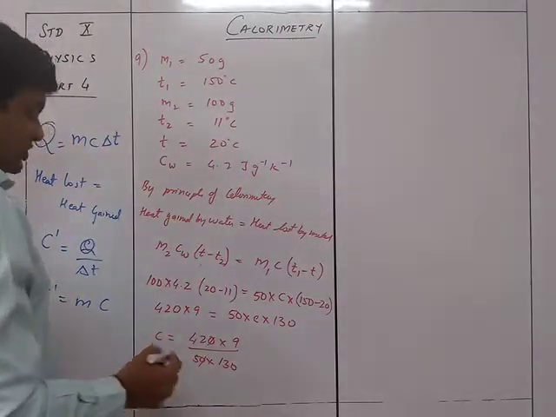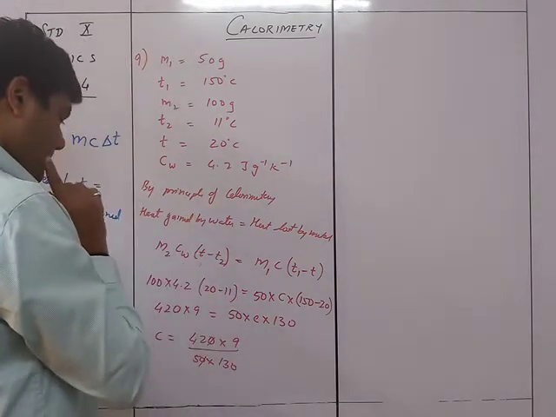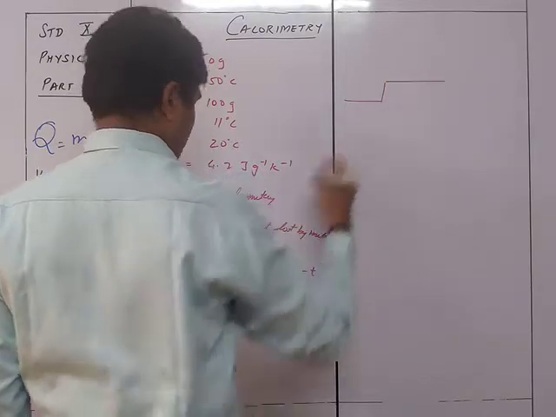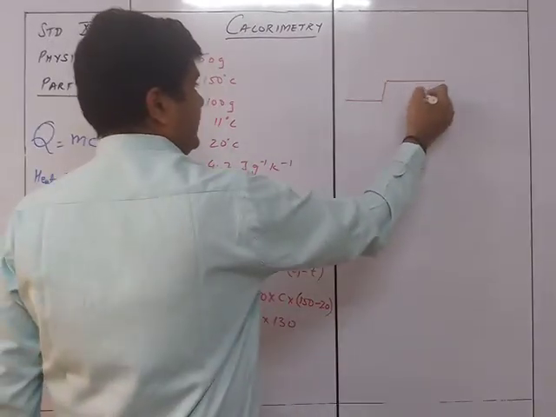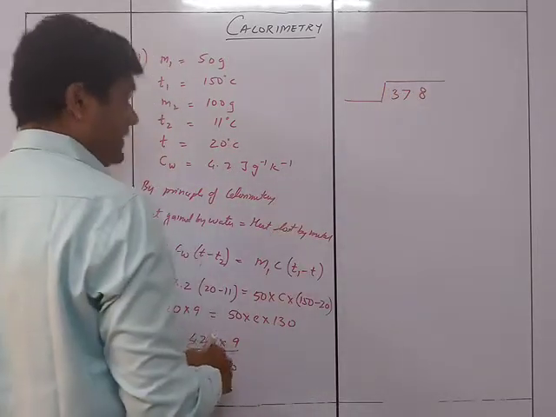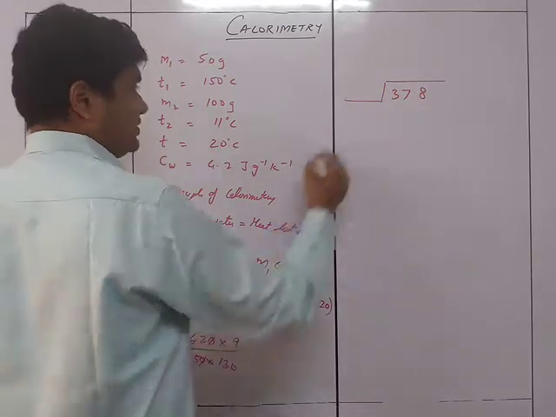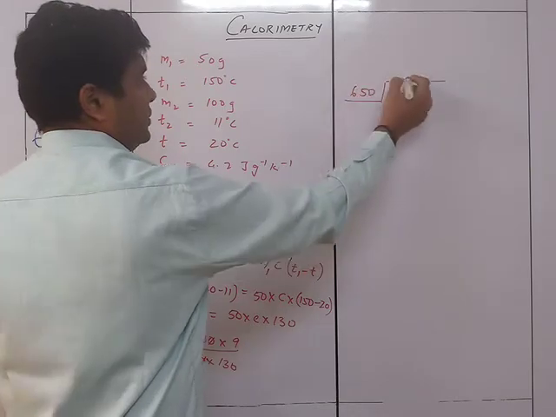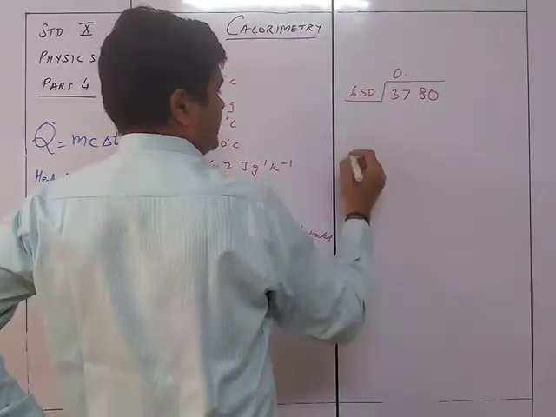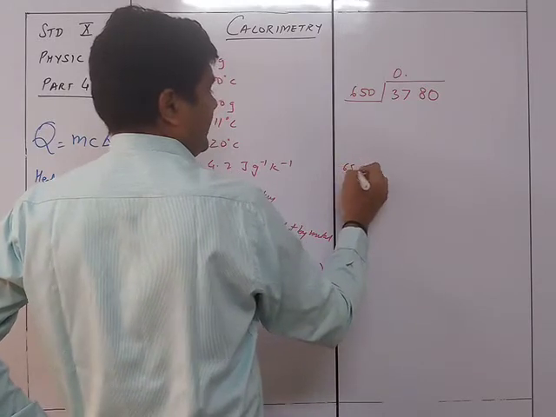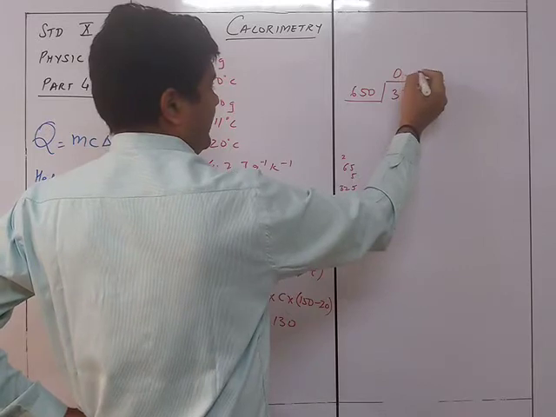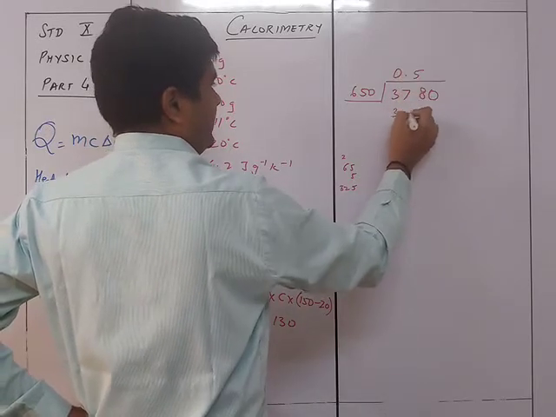So we'll do the calculations here. 9 2s are 18 and 9 4s are 36, so 37, so 378, and this is going to be 650. So 0 point, then you take 65 into 5. 5 5s are 25, so 30, 32. So that will be 5. So 325.